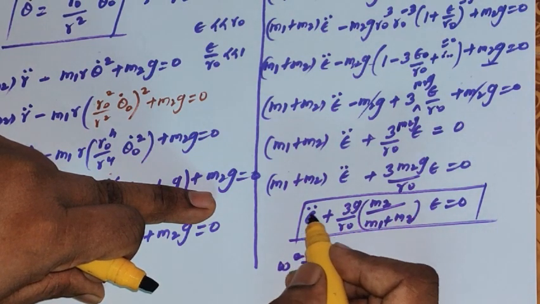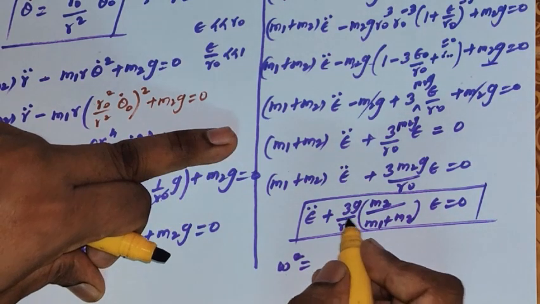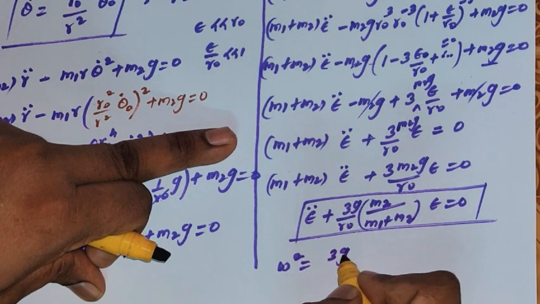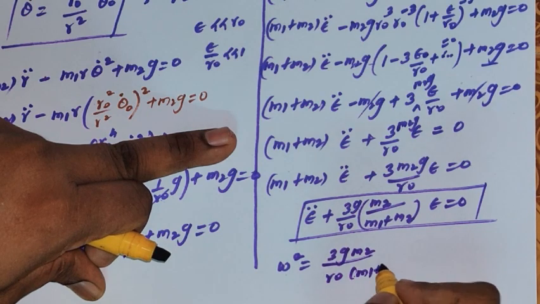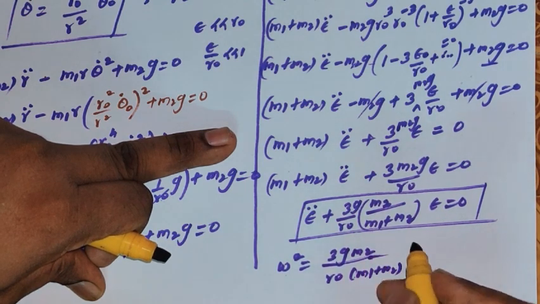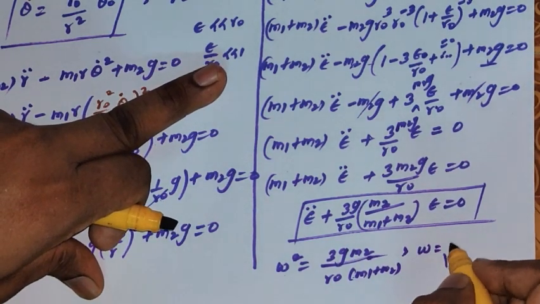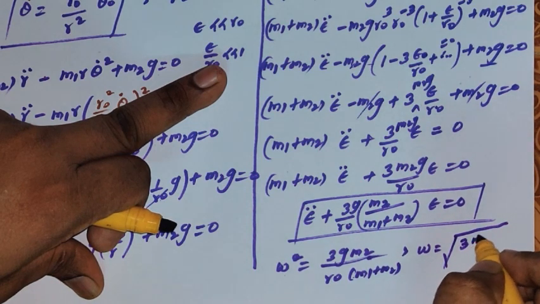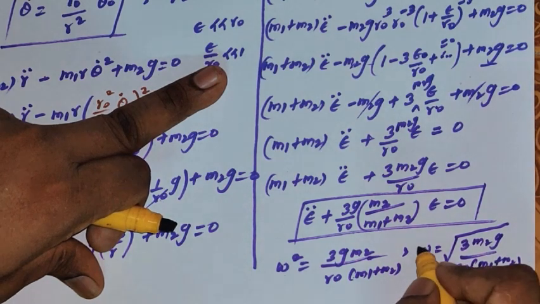Suppose we take theta double dot plus omega naught square theta equal to 0, that is the differential equation of simple harmonic motion. That omega naught square is equal to 3g m2 divided by r naught (m1 plus m2). If we take the square root on both sides, it will give omega equal to square root of 3 m2g divided by (m1 plus m2) r naught.